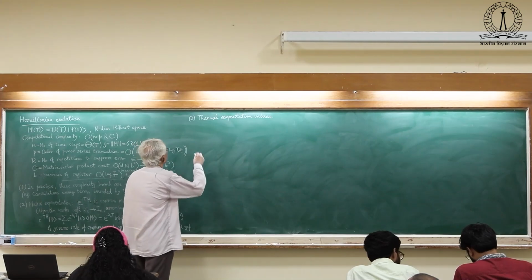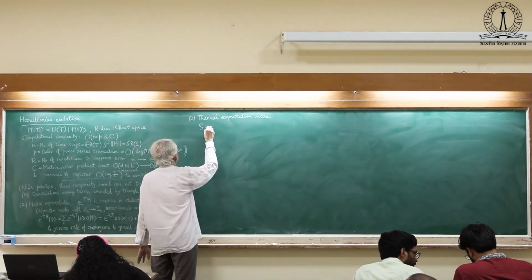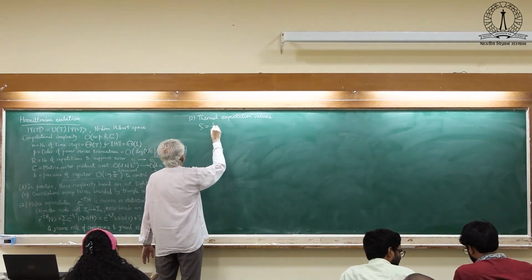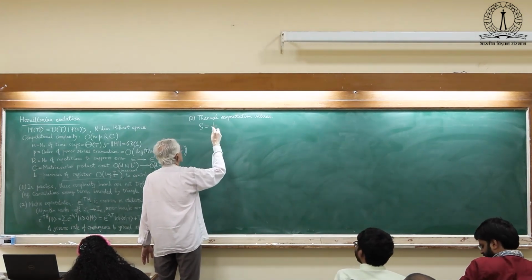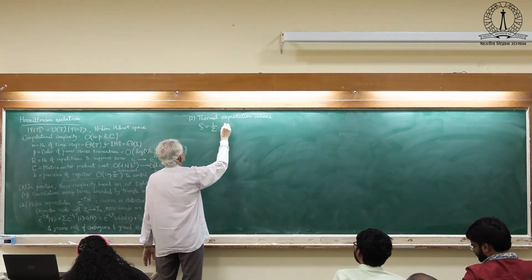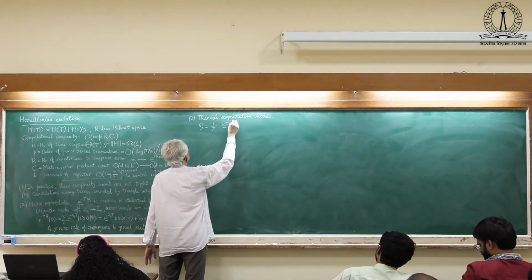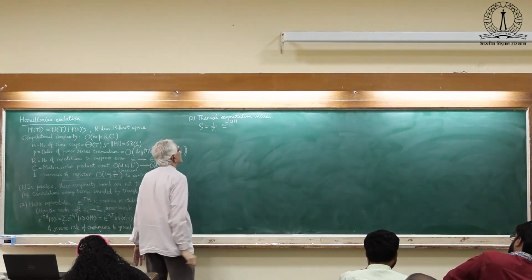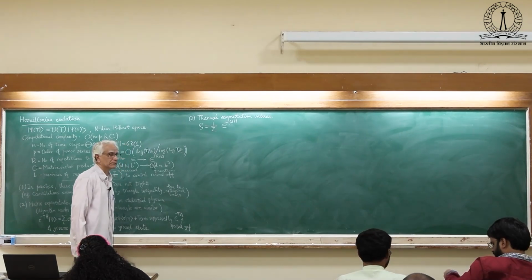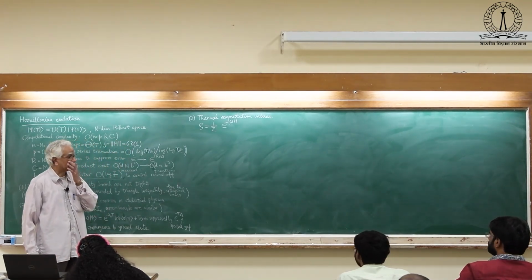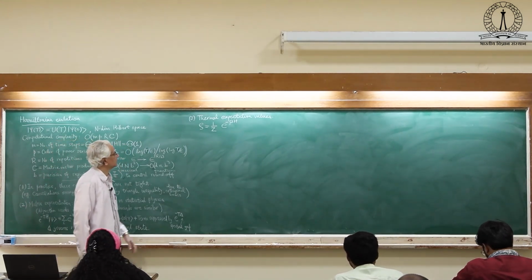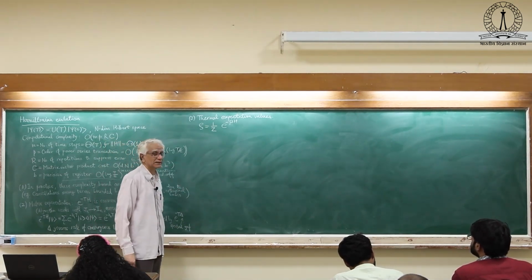Okay. And that definition is, the density matrix is given by e raised to minus beta h, divided by z, and this z is called the partition function.